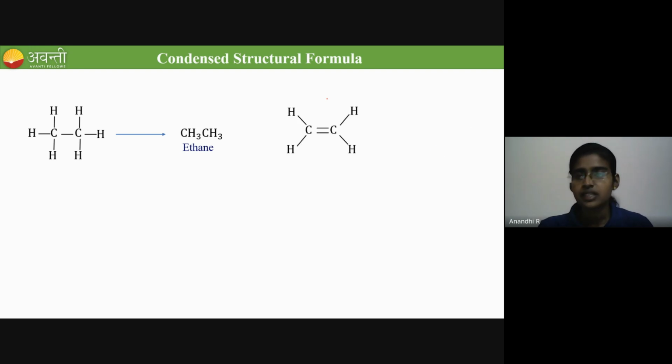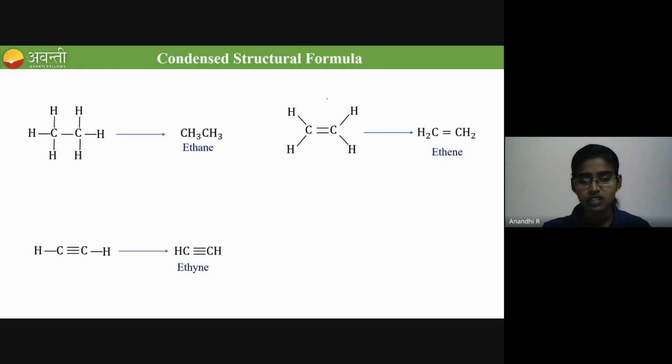And you see the ethene, CH2 double bond CH2. So carbon-carbon single bonds and carbon-hydrogen single bonds should not be shown. But carbon double bonds or triple bonds, so multiple bonds, have to be shown in the condensed formula. That's why they have written the double bond there. And in case of C2H2, ethyne, carbon-carbon triple bond is shown, but carbon-hydrogen bond is not shown.